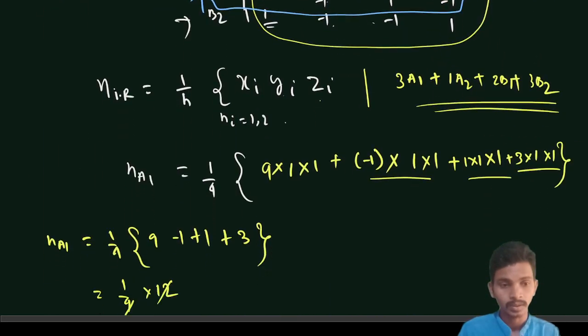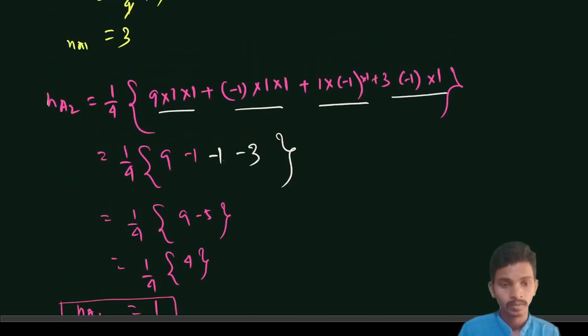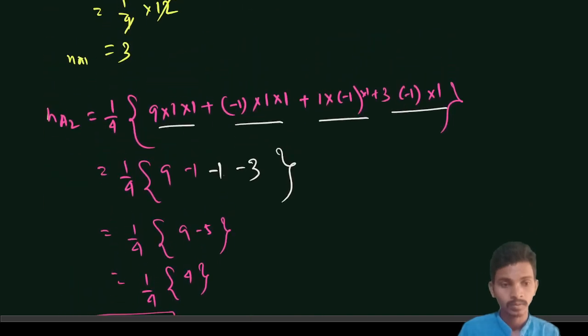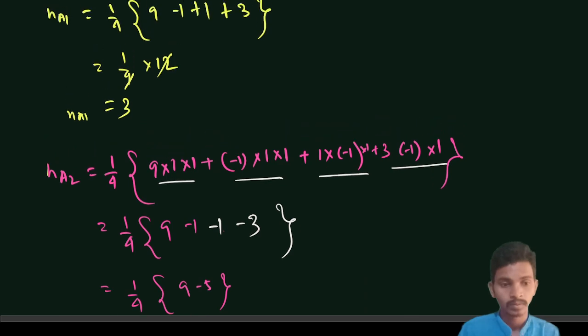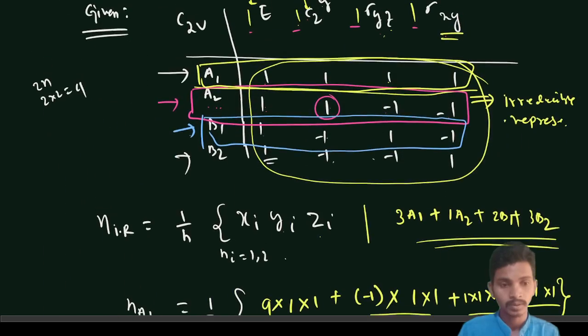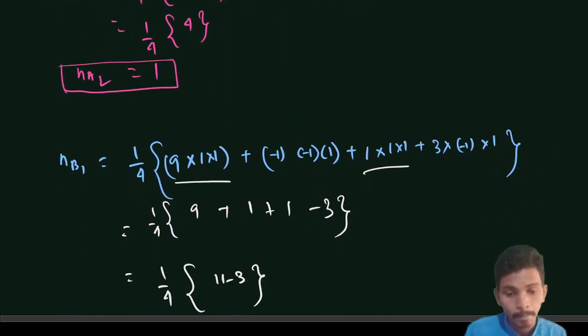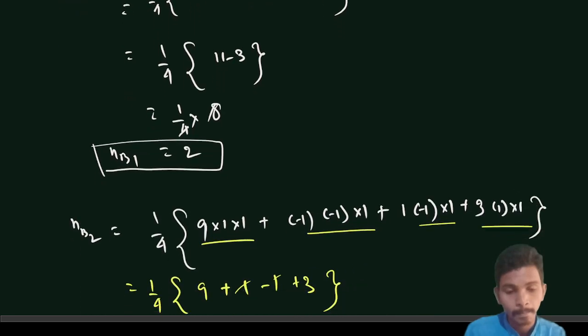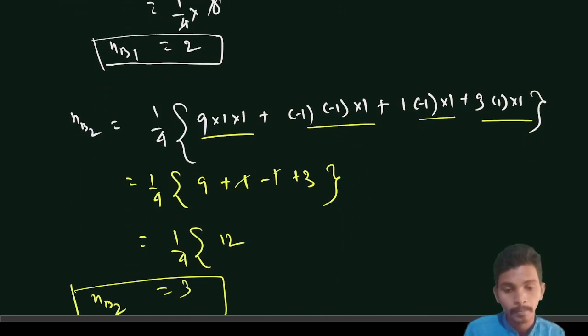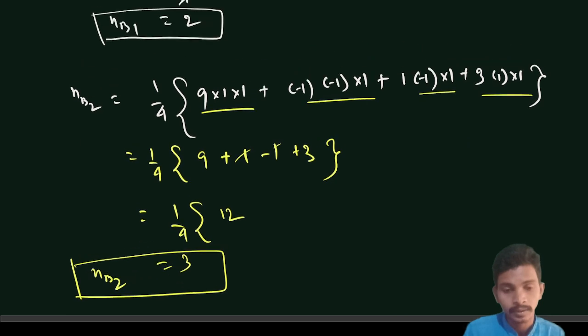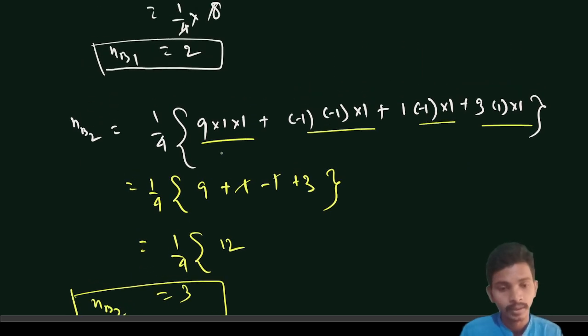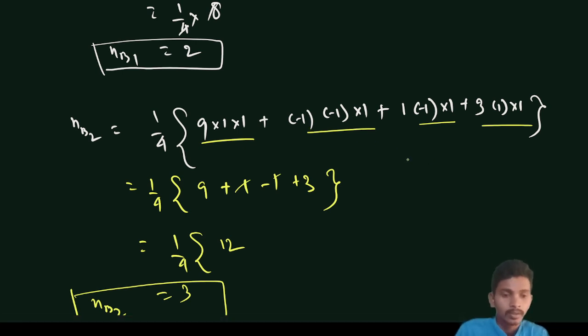Okay, -1, that is 1 and -1. Somewhere wrong here. Let's say this is 9. Okay, this is -1 and -1, so let me check with all.